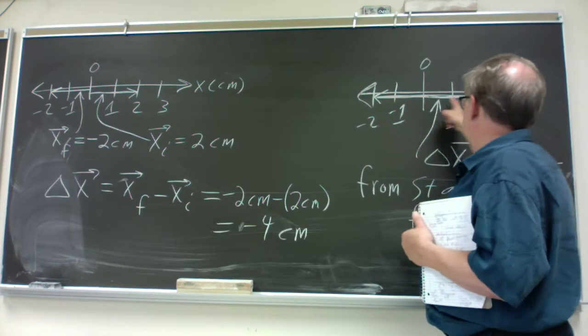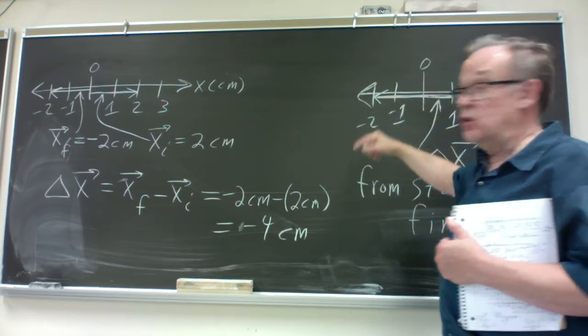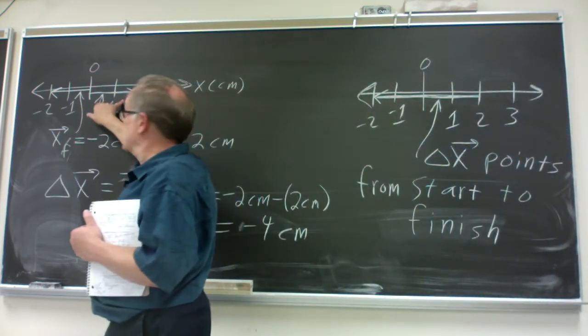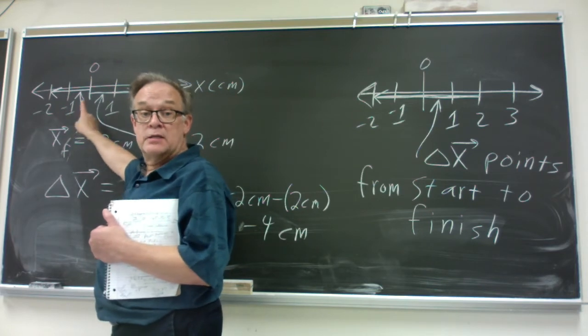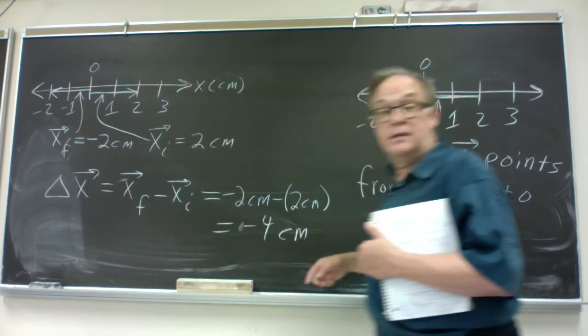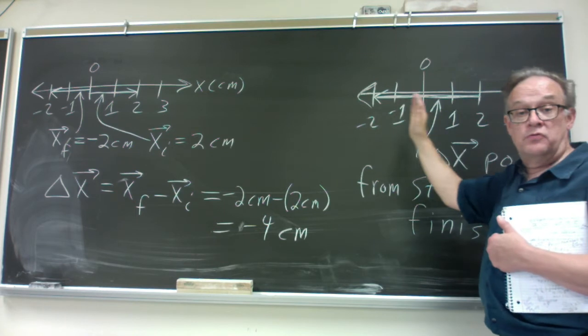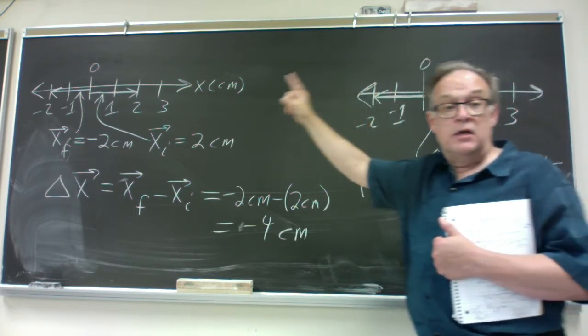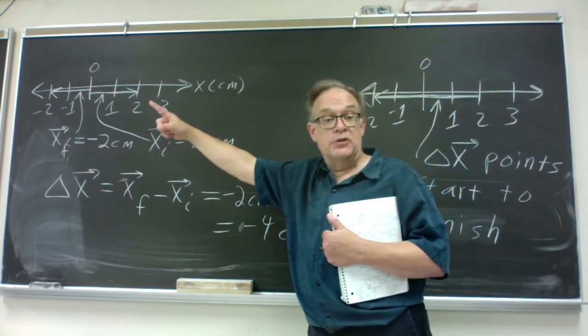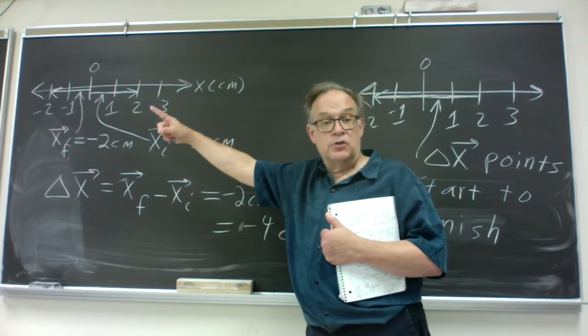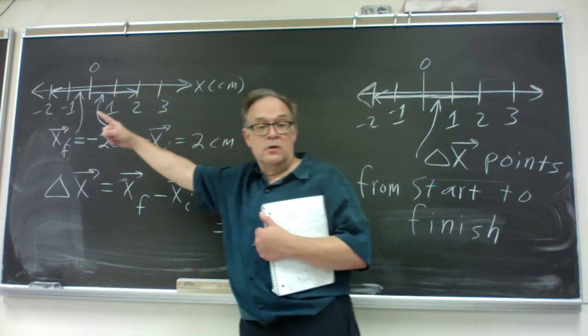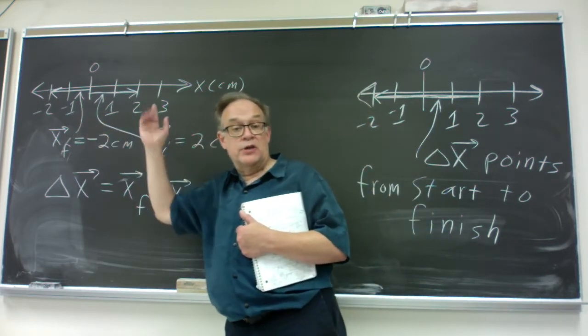This is about twice as long as this, and it's about twice as long as this, indicating that the magnitude of this displacement vector is 2 times larger than the magnitude of either the initial location vector or the final location vector.